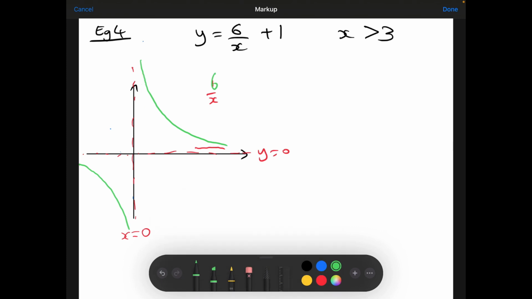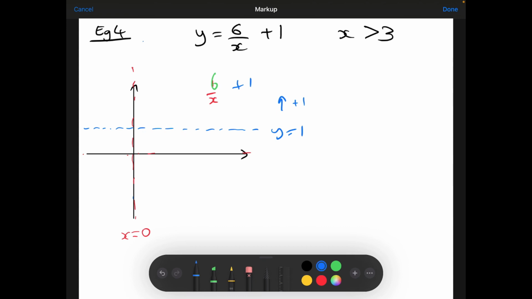And then if I add the 1 on the end, that's going to shift it up 1 square in the y direction. So my new horizontal asymptote will now be y equals 1 and not y equals 0. And the whole graph shifts up 1 square, so it will now look like this.